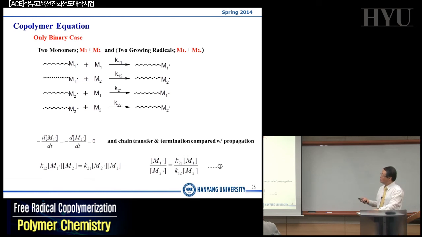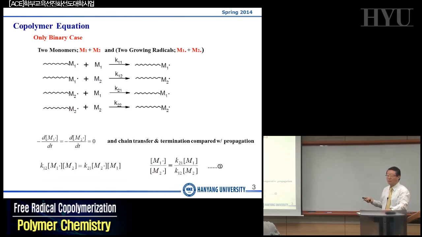The M1 dot growing chain will have a chance to meet with M1 or M2, so that the chain end will be M1 dot or M2 dot, depending upon which monomer you meet. Here I have written K11 or K12. The first number is the type of the growing chain of your reactant, and the second number is the monomer type.